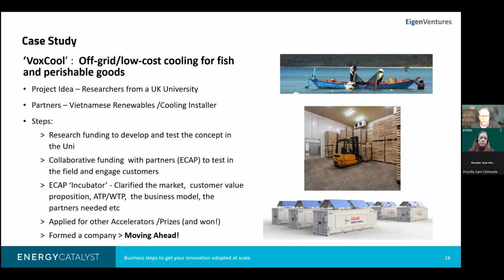Since then, they've applied for other accelerators and prizes, and they've got a clear proposition. They're doing very well in that. They're successful in getting accelerators and prizes, a little bit more money here and there, and the kudos and the support that they get from that. They've now formed a company and they're moving ahead, and we're continuing to support them.